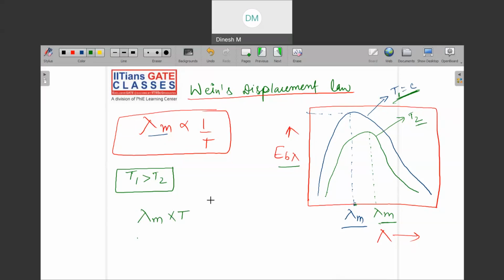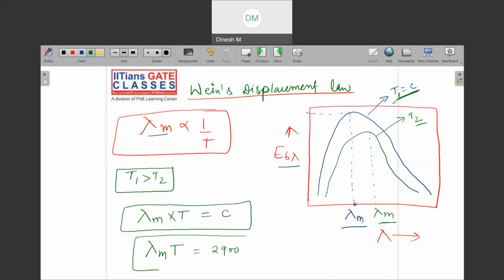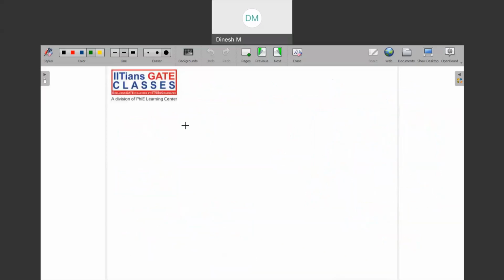Wien's displacement law says that the product lambda m into T is constant, and for calculation purposes this is approximated to 2900. Now next is Stefan-Boltzmann's law.